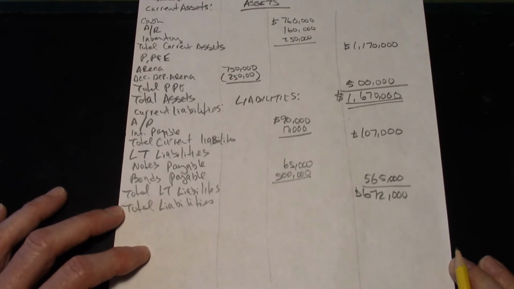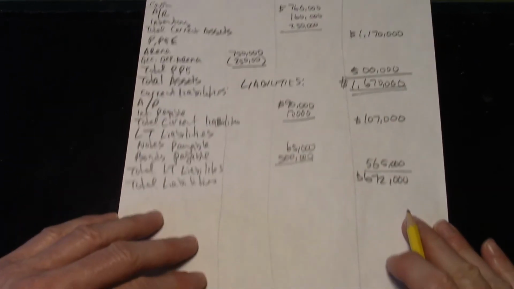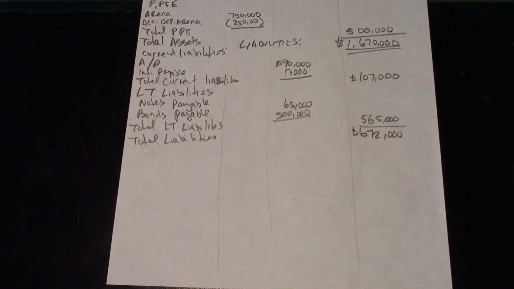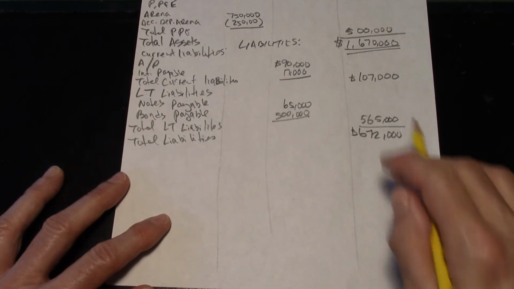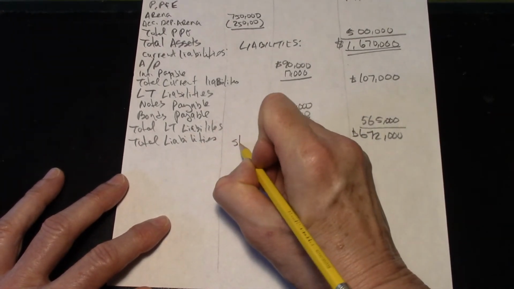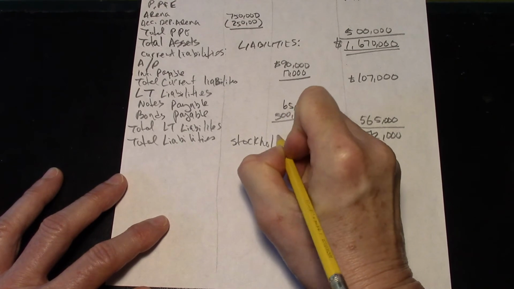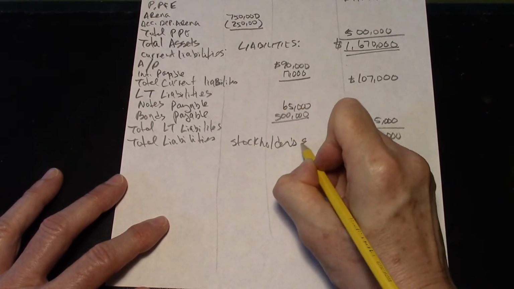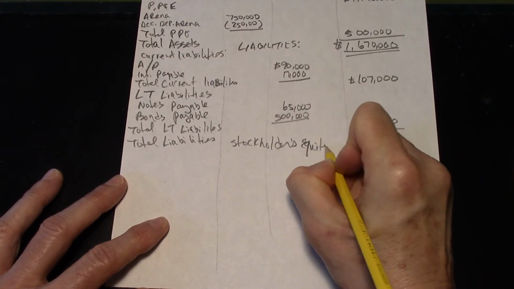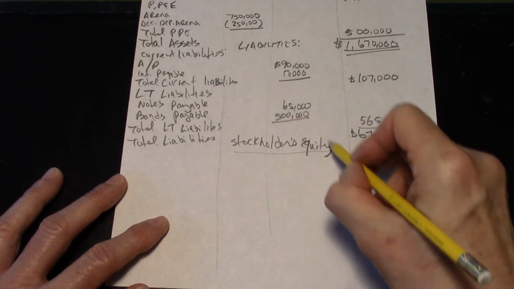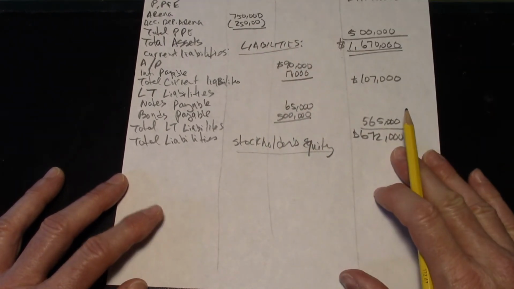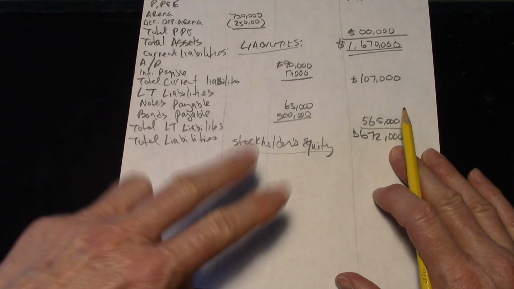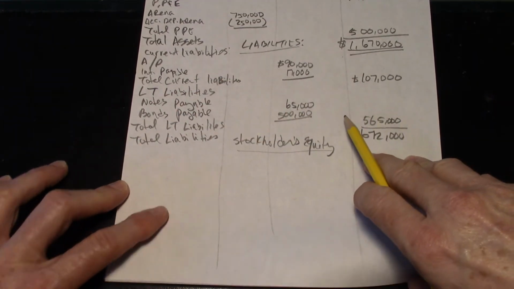672,000. All right, total liabilities. Next part, of course, is the part we learned in Chapter 13, the equity. So stockholders' equity comes next. And we've got the two parts. We've got paid in capital and then retained earnings.